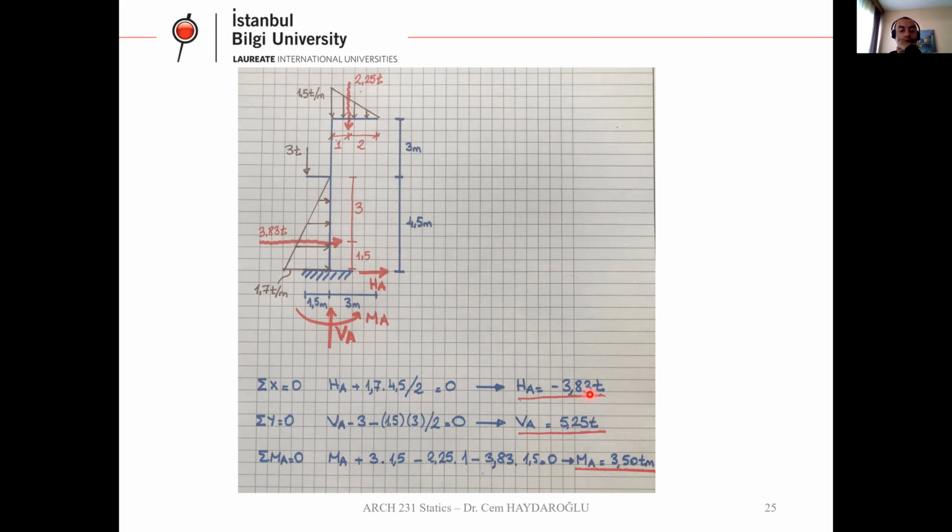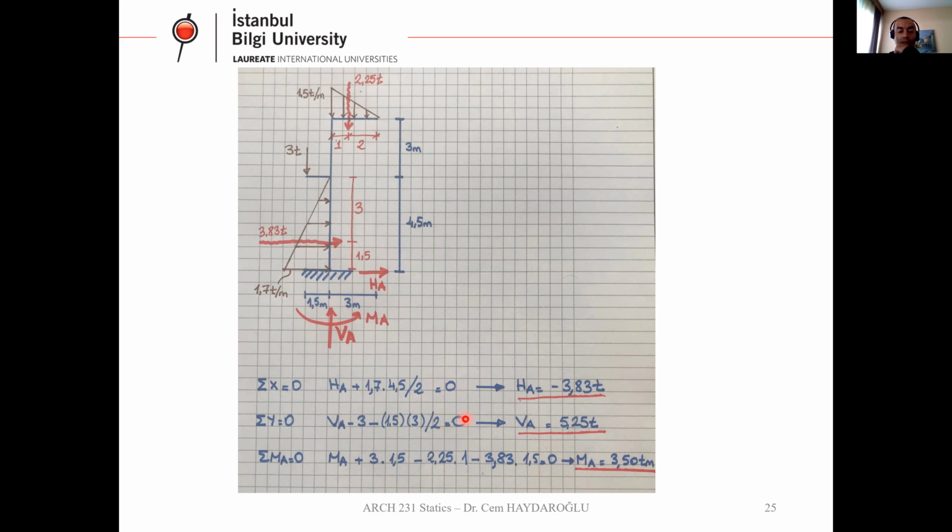Let's have a look at y direction, total y equals 0, which is the vertical direction. Vertical A minus 3, minus this 3 is in negative direction, and 2.25 is in negative direction, minus this part is 2.25 part equals 0.